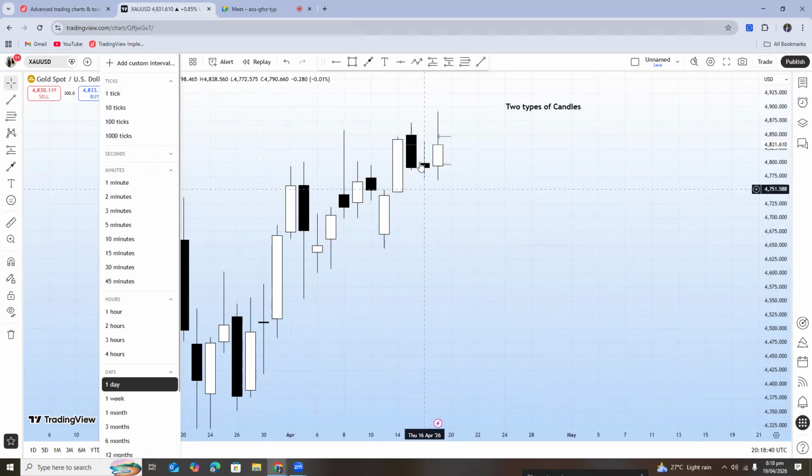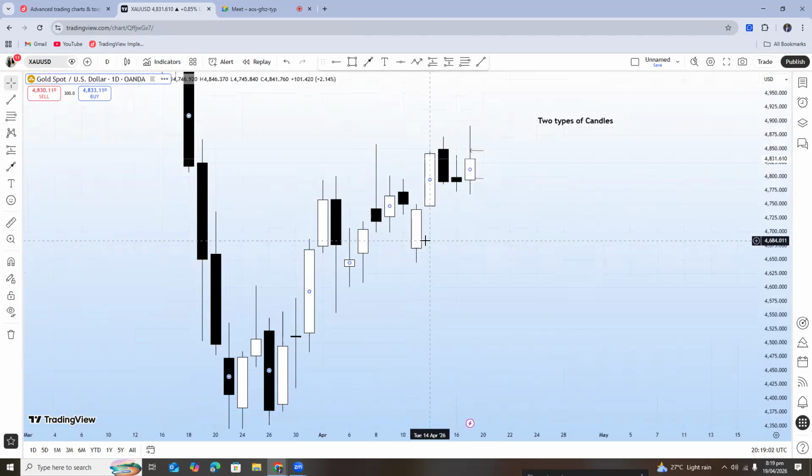So if I switch from here to 4 hours, each 24-hour candle is going to be split into 6, because 4 times 6 gives us 24. If we break down the 24-hour candle, we are going to have six 4-hour candles.